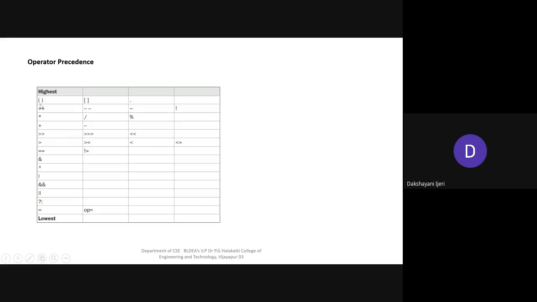The parenthesis, the square bracket or dot have the highest precedence as compared to the others. The table itself indicates the precedence level that needs to be considered. The highest is the one in the first row, the second highest is the second row. You can go through this table, and accordingly each operator is given a precedence to know which one is evaluated first if the expression consists of multiple operators.